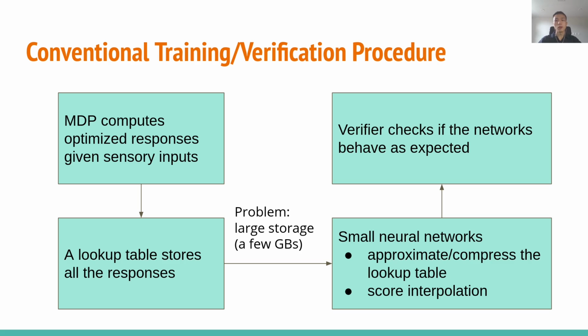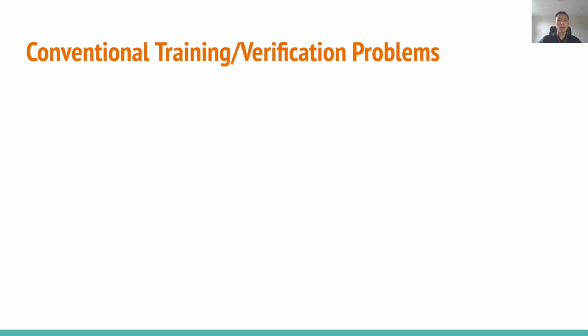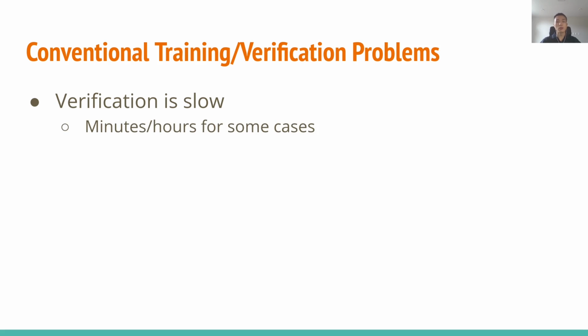Since the behavior of the networks is hard to predict, researchers have developed verifiers to check if the networks behave as expected. These verifiers face multiple challenges. First, verification is often slow. It can take minutes to hours for some hard cases, and it does not scale well with respect to the neural network size, because the verification is fundamentally exponentially expensive regarding the network size.